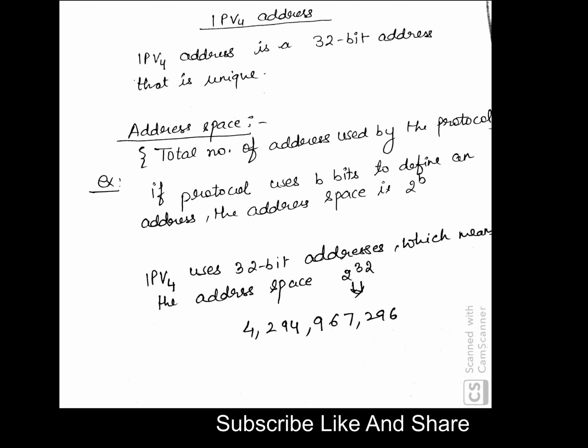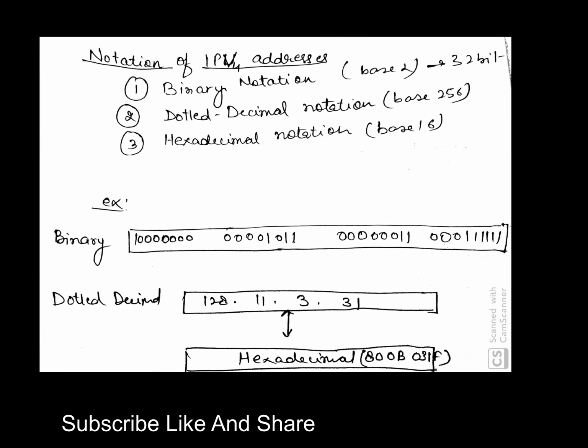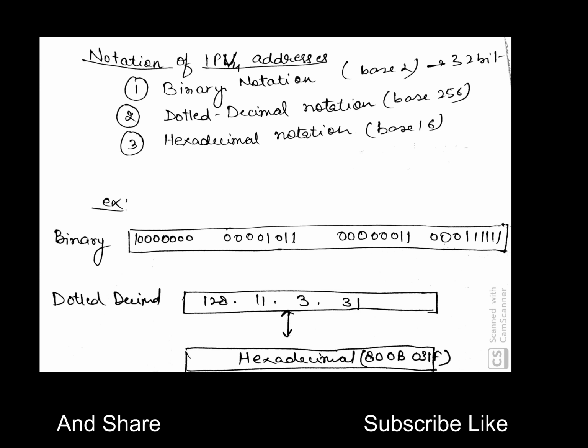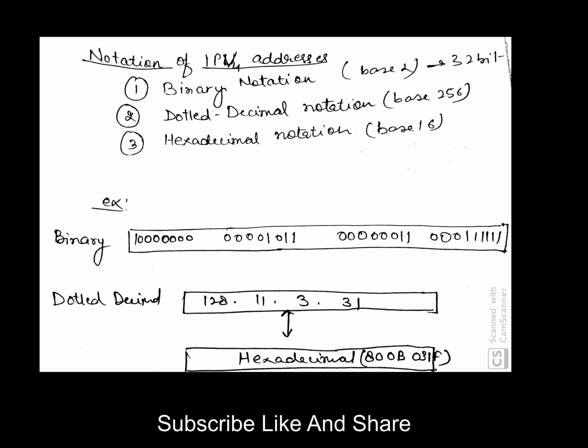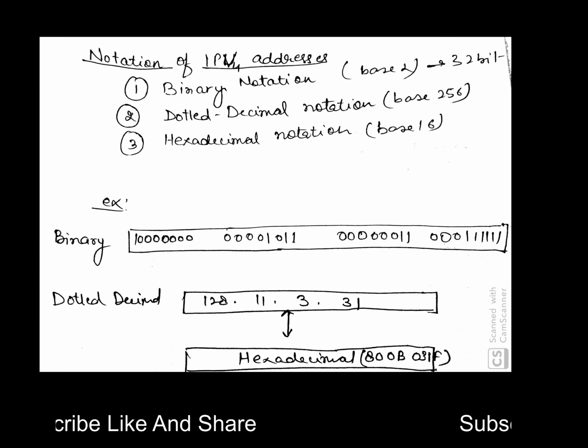And now, how do we denote the IPv4 address? The notation of an IPv4 address can be categorized into three types. The first one is binary notation, which has base 2, because it can take two inputs, 0 and 1.